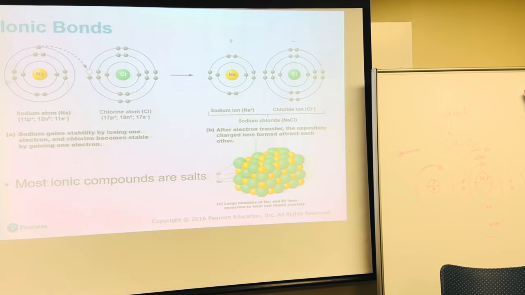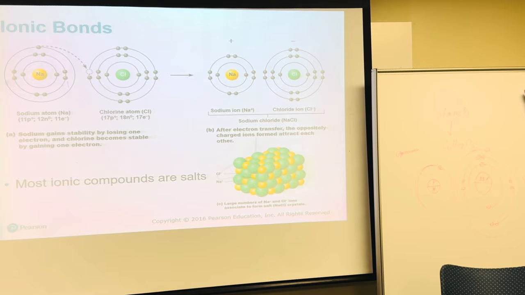Very good, because they have more protons than electrons. So what does that mean? This is transaction. Sodium is giving out 1 electron and turning into what? Turning into a positive ion or cation. So remember that from now on, positive ion or cation.